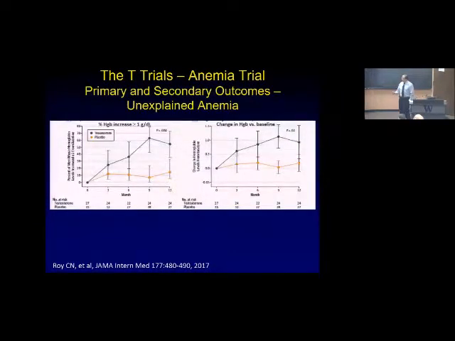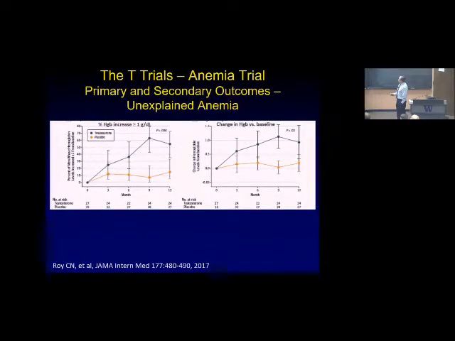And what you see here, again, percent change in hemoglobin greater than or equal to 1, or the absolute change in hemoglobin versus baseline, shown in the testosterone-treated group in the black, and in the orange, the placebo-treated group, in unexplained anemia.